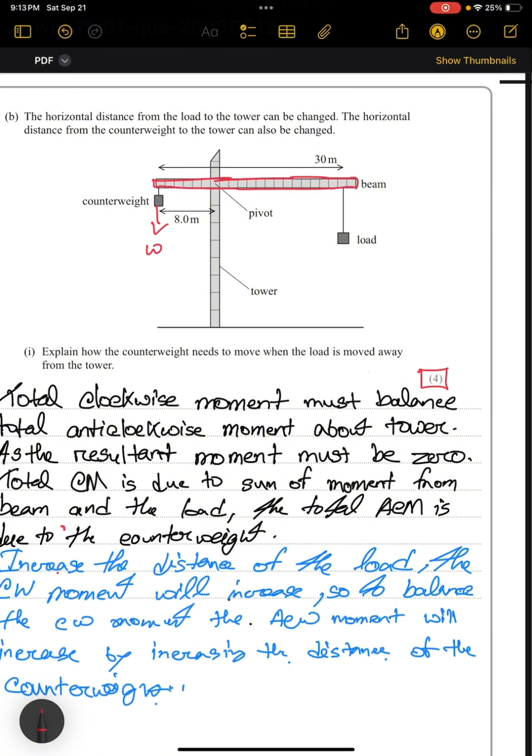As we all know, this is the whole beam, this is the center of gravity of the beam, it is the middle point. The whole beam is 30 meters, so this will be 30 divided by 2 equal to 15 meters. So this will be overall 15 meters.